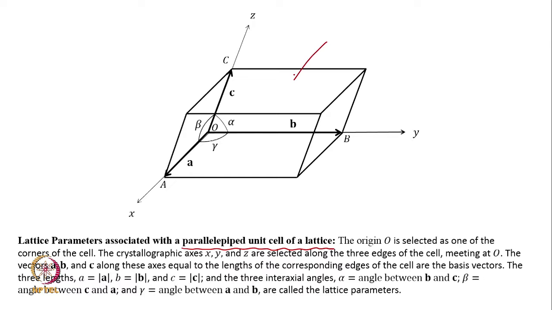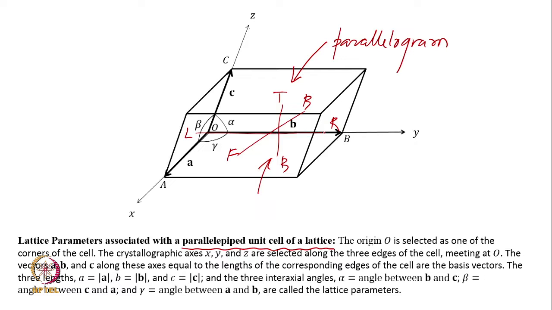So, each face is a parallelogram and there are pairs of parallelograms which are parallel. So, the top and bottom, left and right and front and back. So, this is our parallelopiped unit cell.